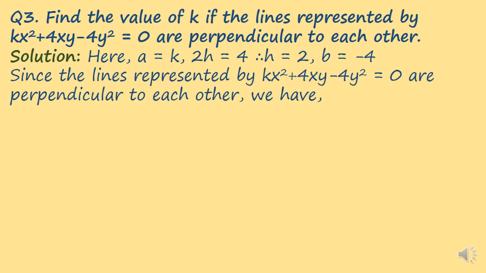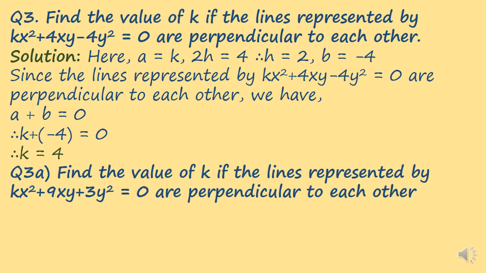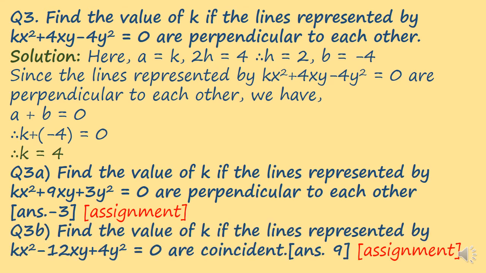So since the lines are perpendicular, we have a plus b as 0, or this value k minus 4 is 0, or k comes out as 4. Again, it is such an easy sum that they can give it to you as an MCQ question or as a question for 2 marks. This can be done as an assignment. I have provided the answer to you, and similarly this sum as well can be done as assignment.